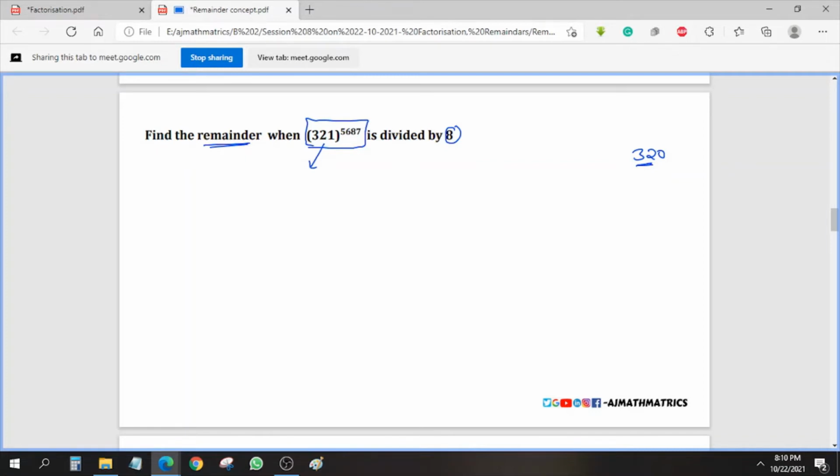Now this 321 we can write as 320 plus 1, whole power 5687. So this 320 we can write as 8 into 40. So this we can write as 8 into 40 whole power 5687 plus 1 power 5687.